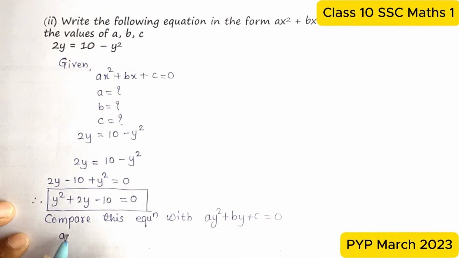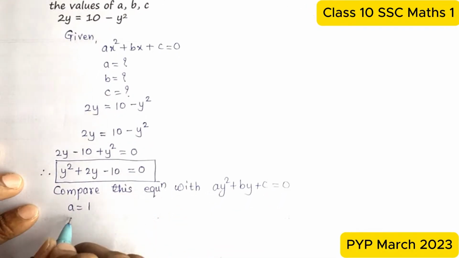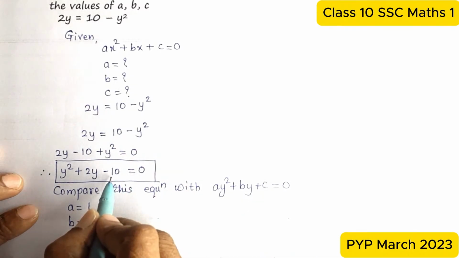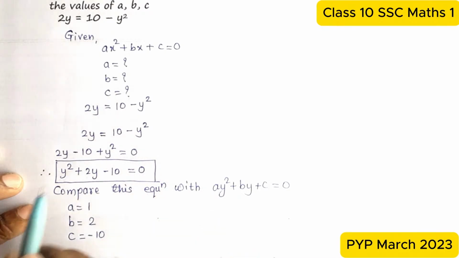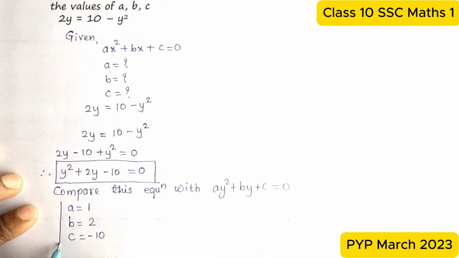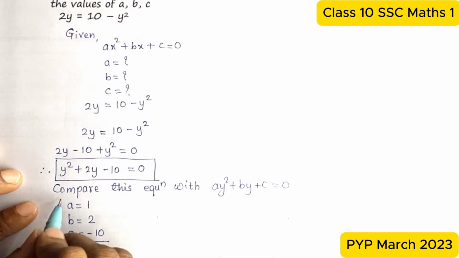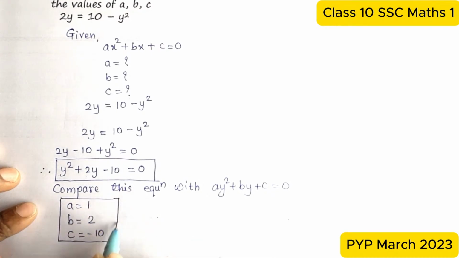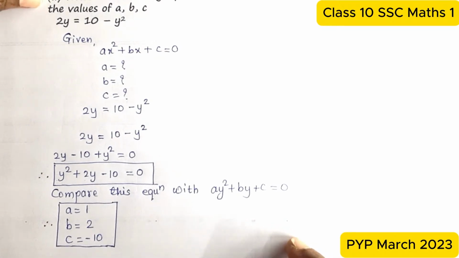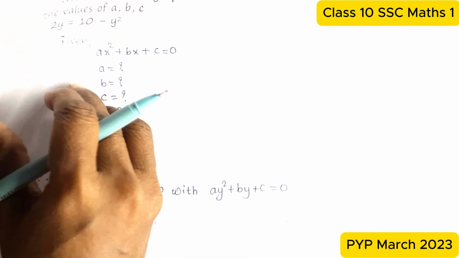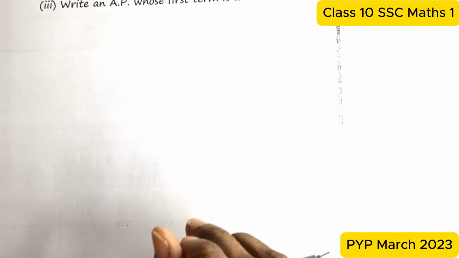So that means a is equal to 1, b is equal to 2, and c is equal to minus 10, because at the place of c here is minus 10, at the place of b here is plus 2, at the place of a here is plus 1. So here these are our values of a, b, c. Okay students, such a way. Then now students, next one example, that is the third example.